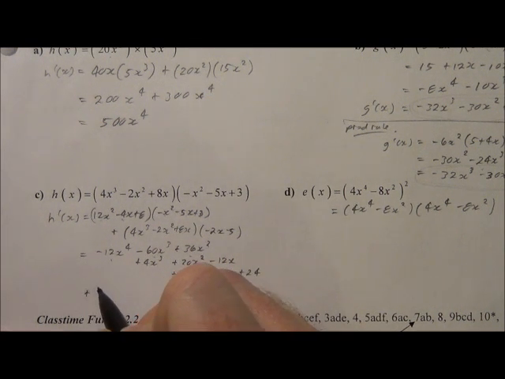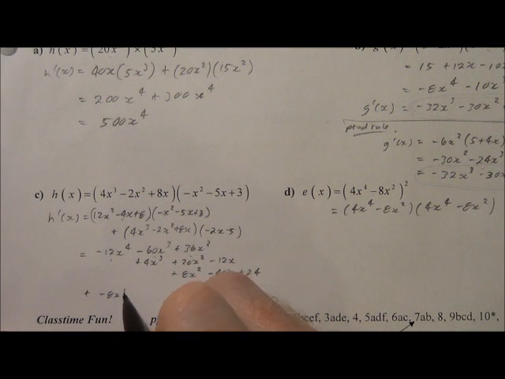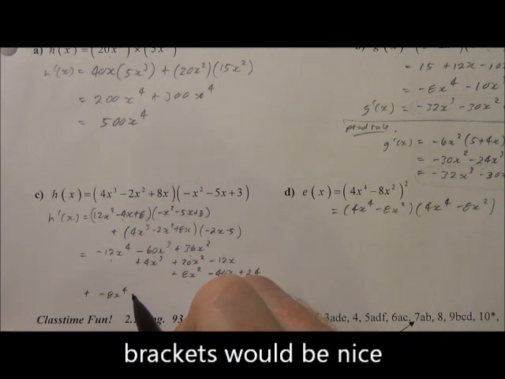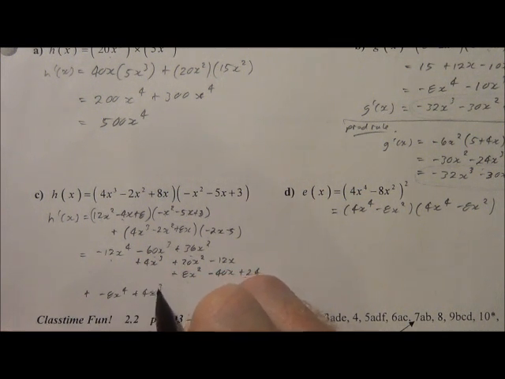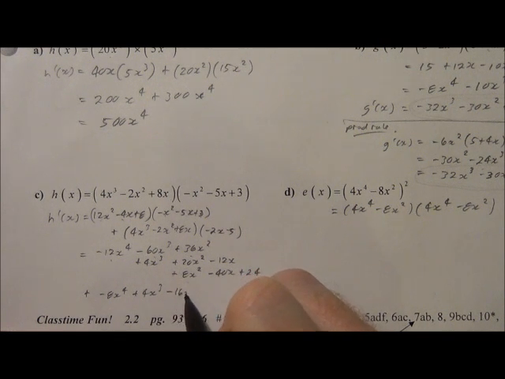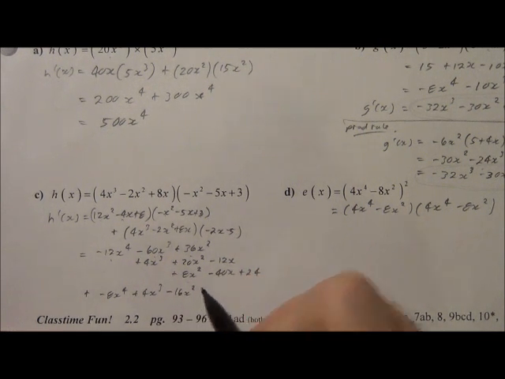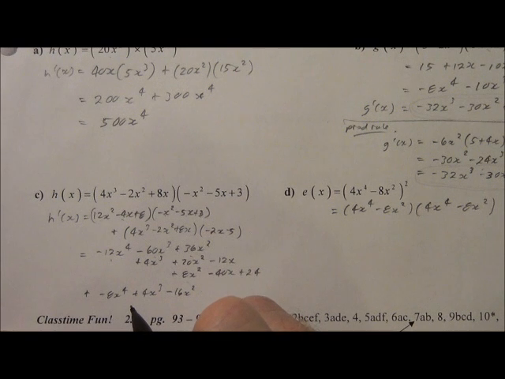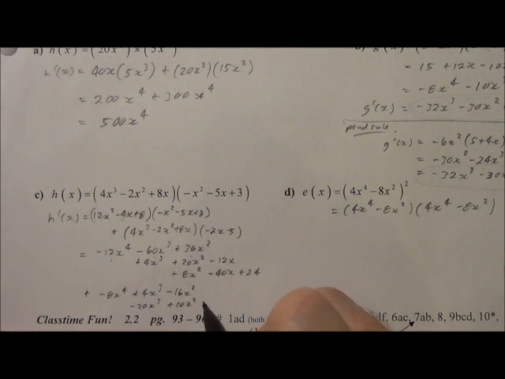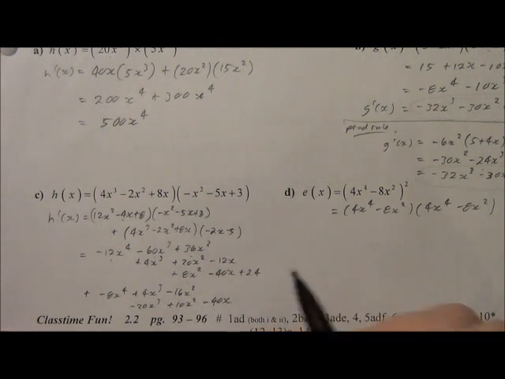So plus, I'll get negative 8x to the power 4 plus 4x cubed minus 16x squared, and then minus 20x cubed plus 10x squared minus 40x.